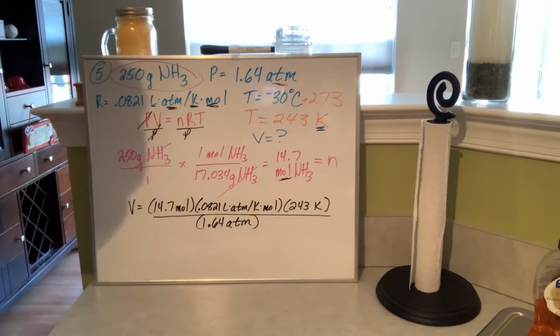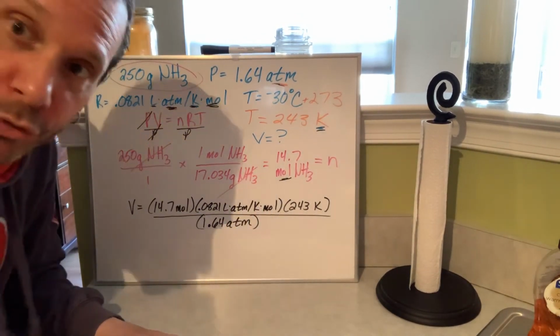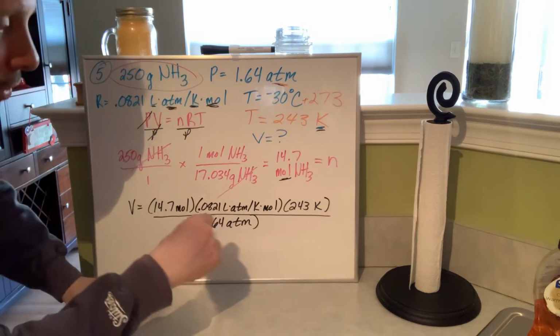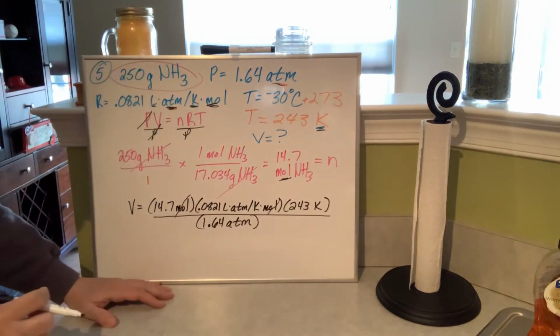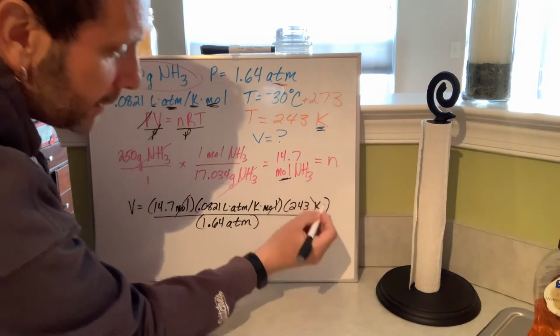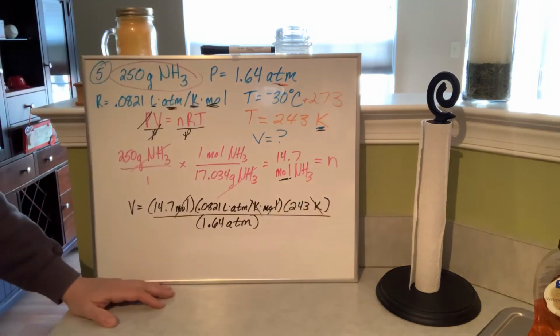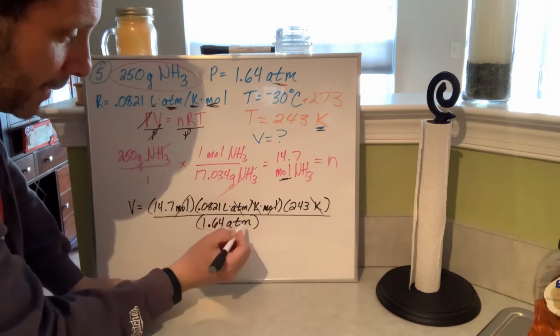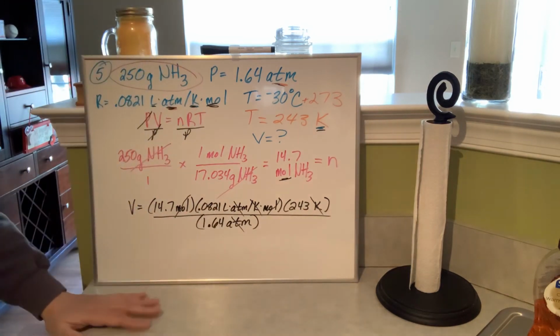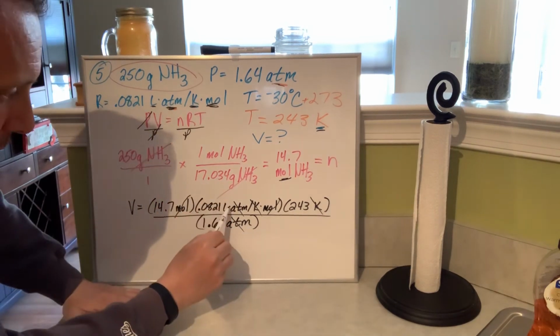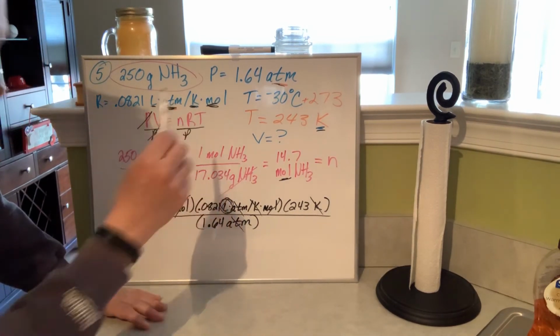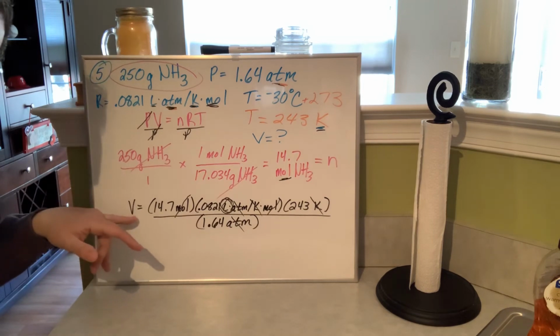Okay, let's see why the volume comes out in liters the way it does. Because the mole unit here is going to cancel the mole unit there. The Kelvin unit here will cancel the Kelvin unit there. And the ATM and the ATM are going to cancel each other out. Okay, so the only thing left is liters, which happens to be the unit of volume.